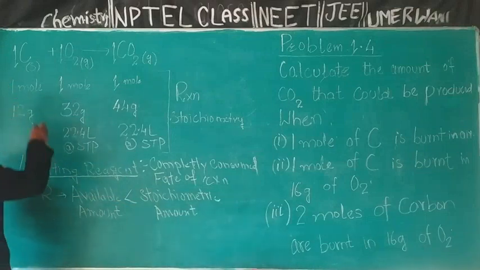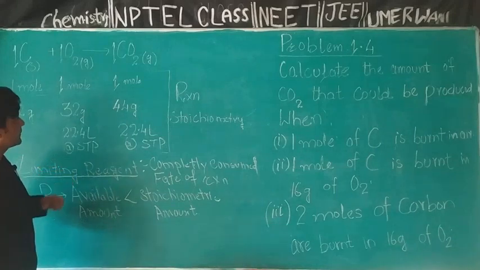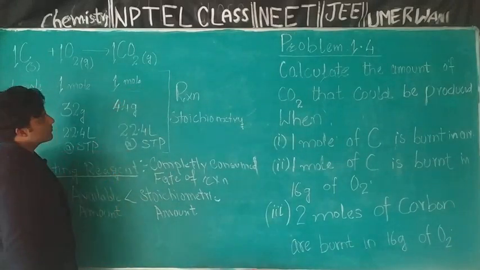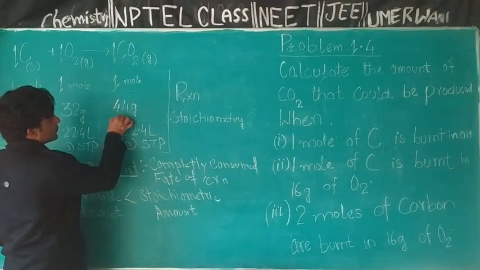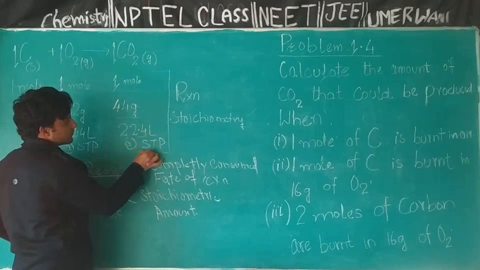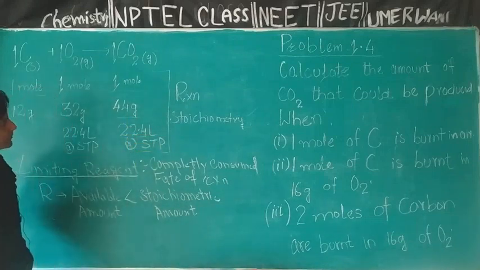If 1 mole of carbon is burnt in air, 1 mole of carbon dioxide will be produced, or 44 grams of carbon dioxide will be produced, or 22.4 liters of carbon dioxide at STP will be produced.